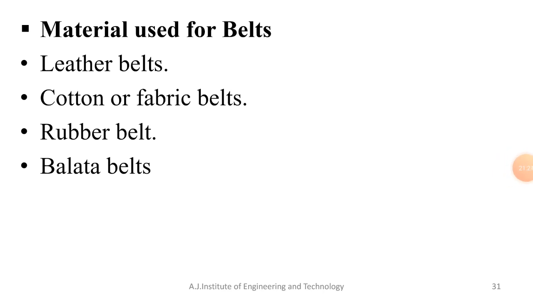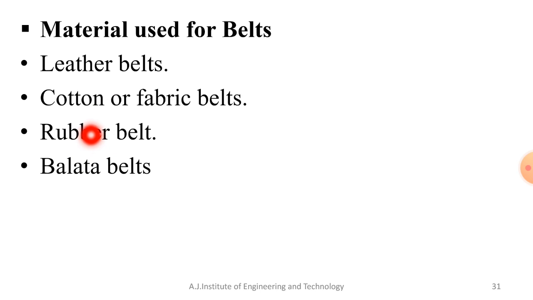The main property of the belt material is, whatever belt we use for belt drive, the material should have a high coefficient of friction with the pulleys. That is a very important thing. Because the belt drive always depends upon the coefficient of friction that arises between pulley surface and belt surface.